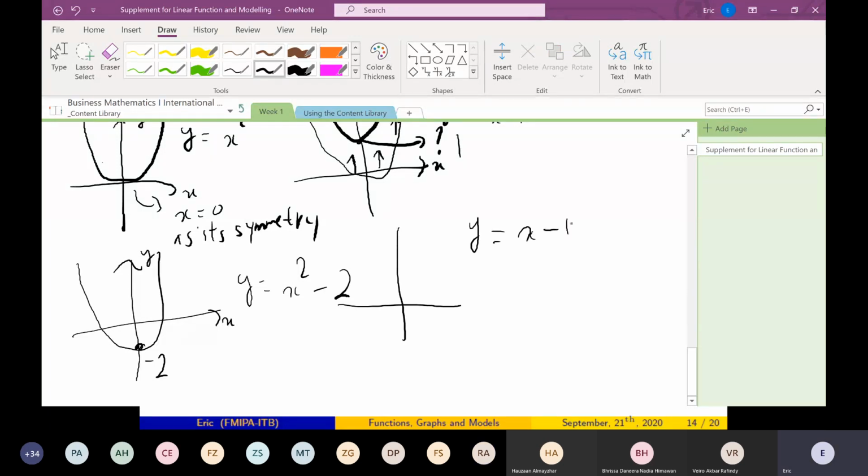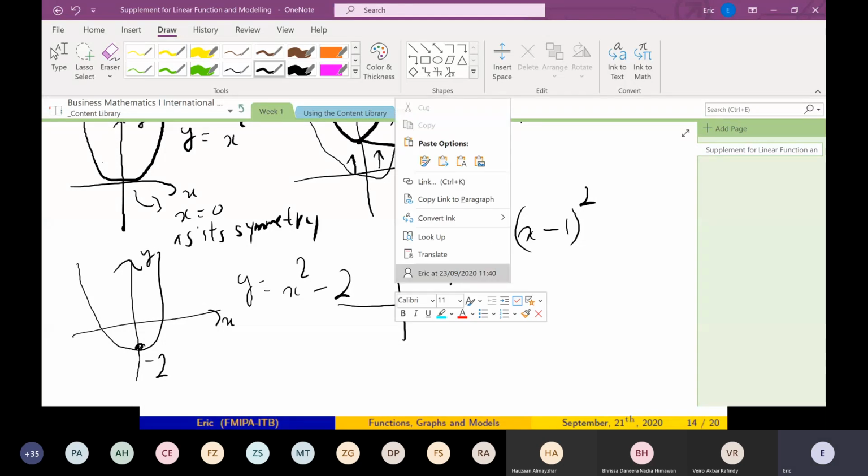X minus 1 squared. Okay, yeah. You can just point plot. At x equals 1, it will give you 1 minus 1 squared, 0. What about in 2? 2 minus 1 is 1. What about 0? 0 minus 1 is minus 1. Minus 1 squared, that means minus 1 times minus 1 is 1.